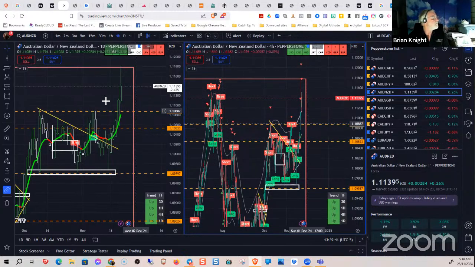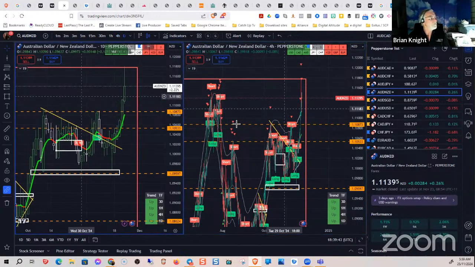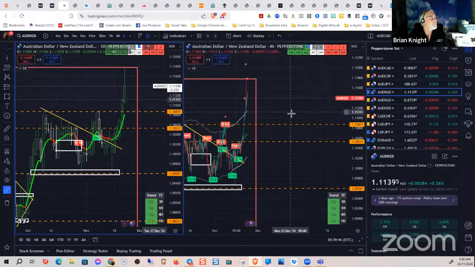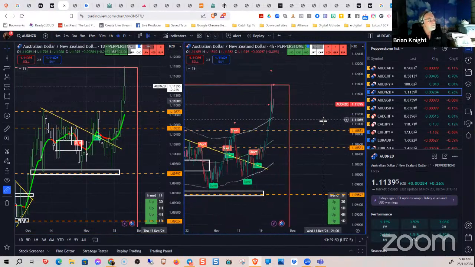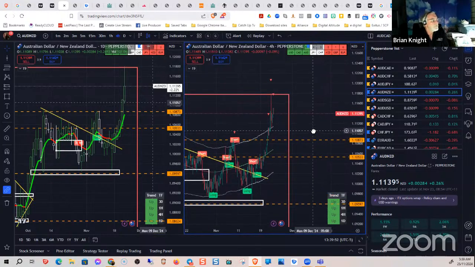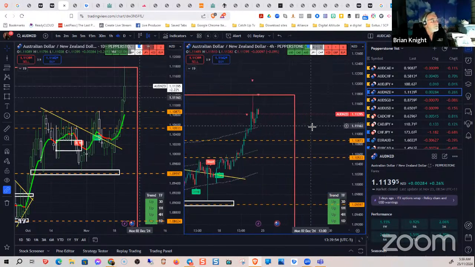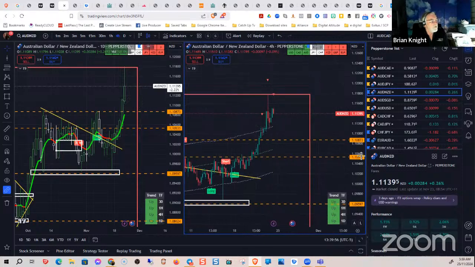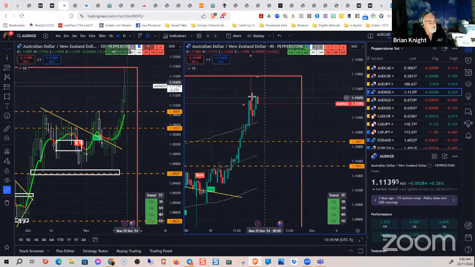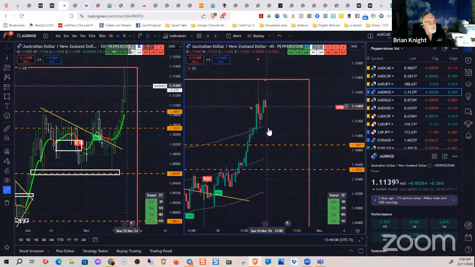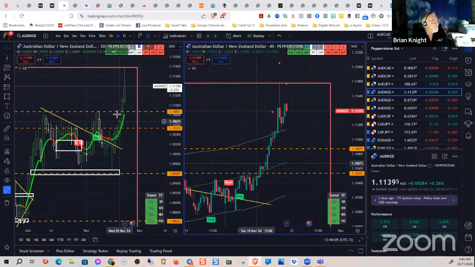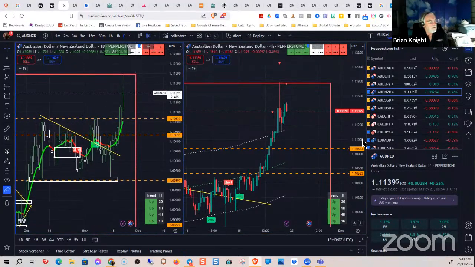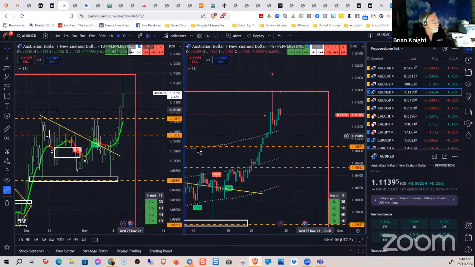Broke that. Right, and that's the end of the market here. You can see it's pulled back. Potentially we're still sort of going up.